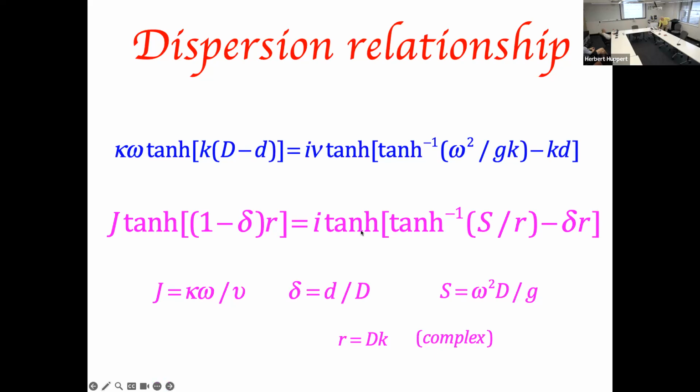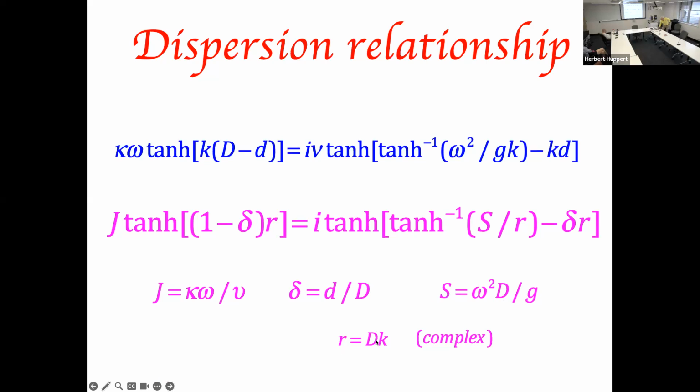This is now the non-dimensional relationship, where J is in some sense an indication of what the porosity of the porous medium is. Delta is the ratio of the fluid depth to the total depth, and S is this other parameter that comes in, which is going to be real.